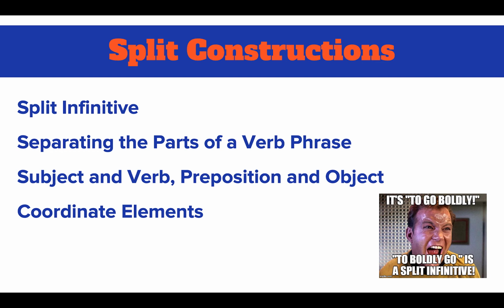Okay, so moving on to separating the parts of a verb phrase. So you should avoid splitting an auxiliary verb and a main verb, such as splitting has been. Sentences are more correct when these kinds of words are connected. And when it comes to subject and verb, preposition and object, it's okay to separate these things, but it can again sound awkward. So an example from the book shows how it can work, but most of the time, again, it's awkward.